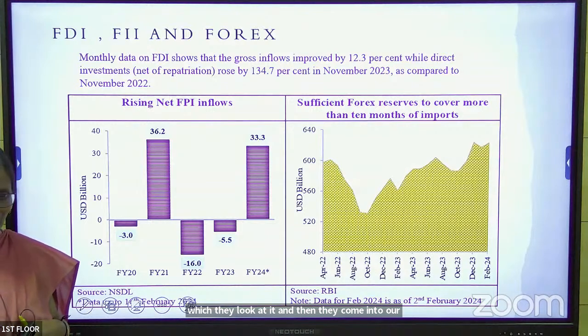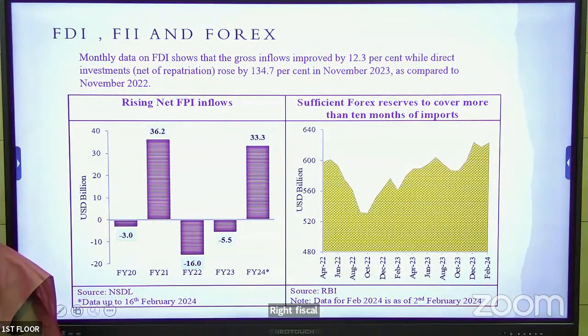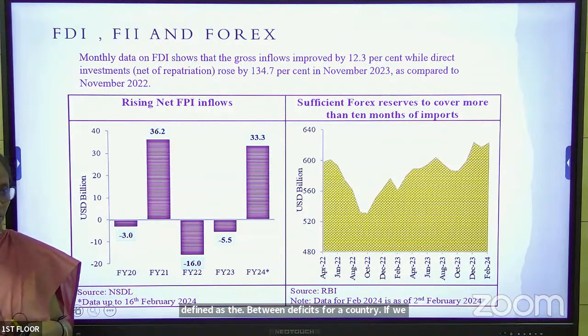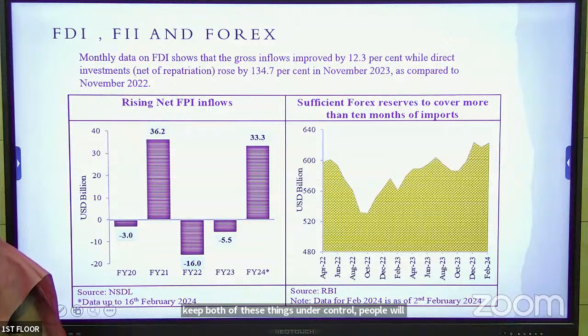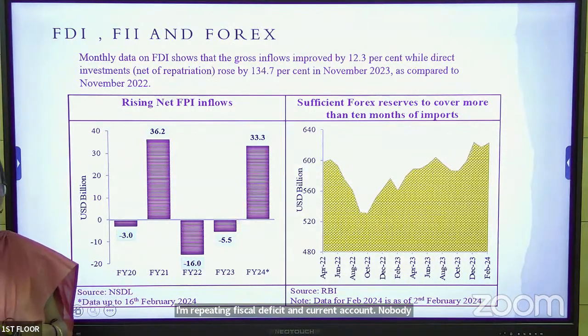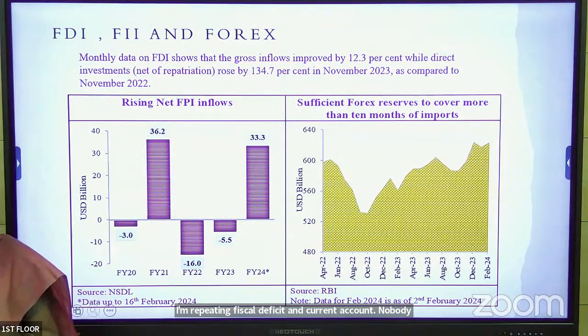Fiscal deficit and current account deficit are defined as the twin deficits for a country. If we keep both of these things under control, people will come forward from any country to invest in us. I'm repeating, fiscal deficit and current account deficit. Nobody is going to look at your balance of payment, whether it is in deficit or in surplus, though that is the overarching topic.